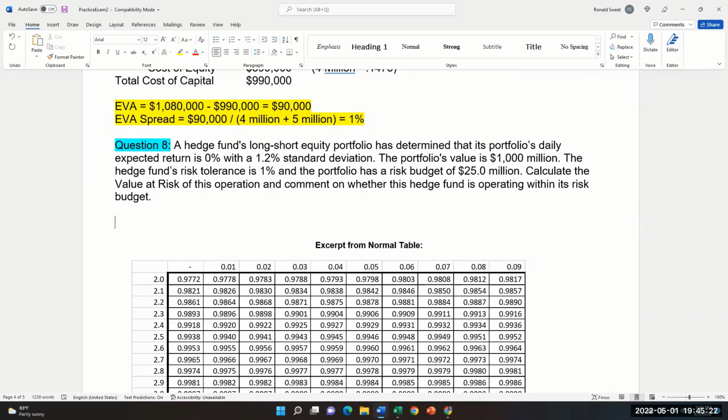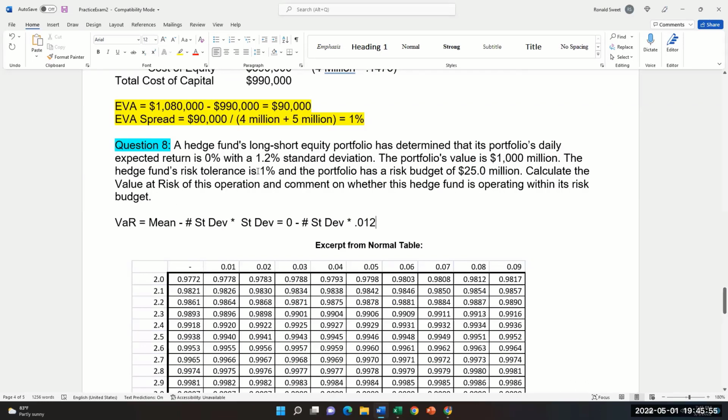So we have a hedge fund that has determined that its portfolio's daily expected return is 0 with a 1.2 standard deviation. We know that the value at risk equals the mean minus, again, write the formulas down, the number of standard deviations times the standard deviation, which equals 0 minus the number of standard deviations times, here our standard deviation is 1.2. Again, convert it to decimals.